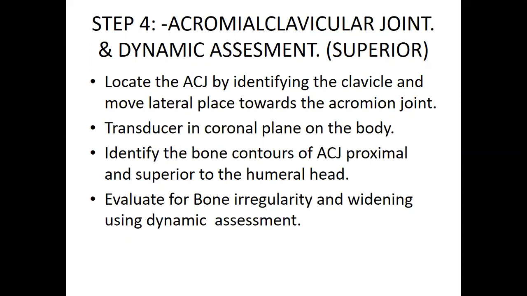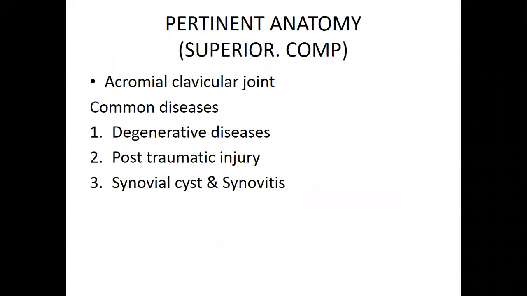Even masses may also appear within the joint, but the key message on the superior compartment is that your area of interest is the acromioclavicular joint, which is the most important thing. What is the pertinent anatomy that is supposed to be looked at? You've got the acromioclavicular joint only.